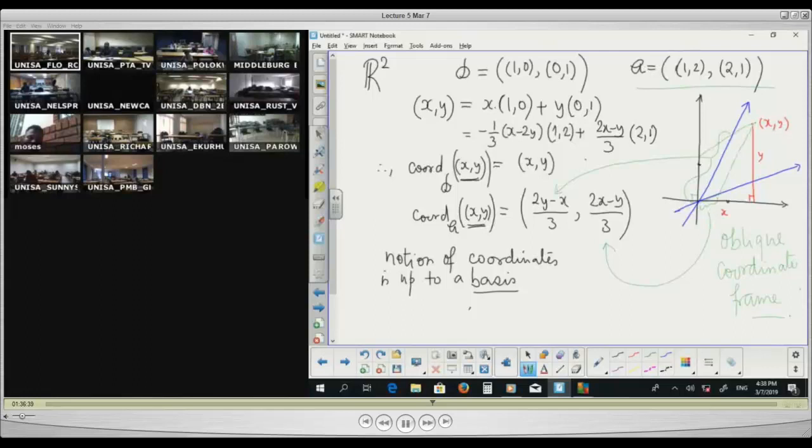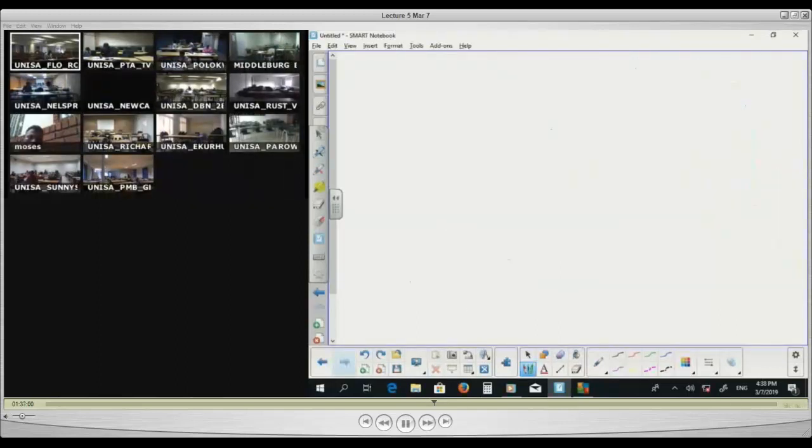So now the next question comes: what is this coordinates? If it is so much dependent on basis, then what is it? Well, that's what I'm going to tackle now. So suppose you have a vector space V with dimension n, and this is a basis. Okay?